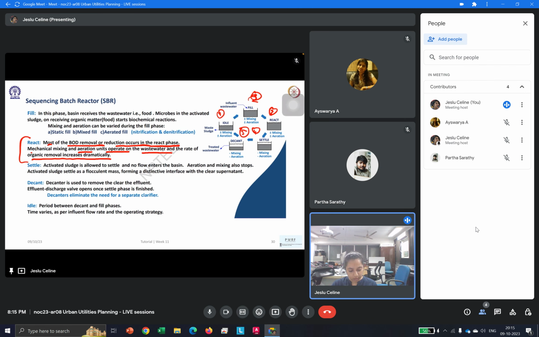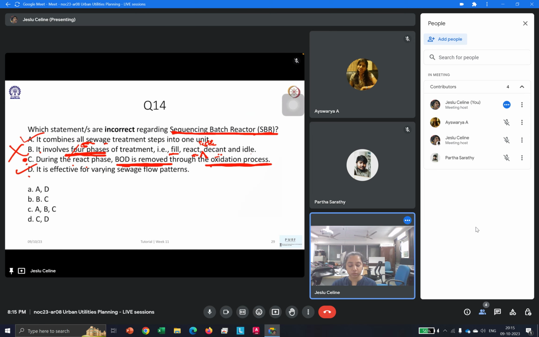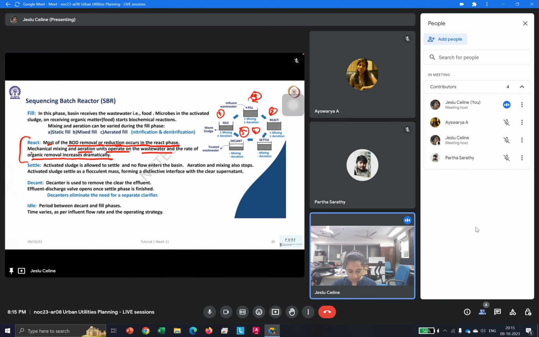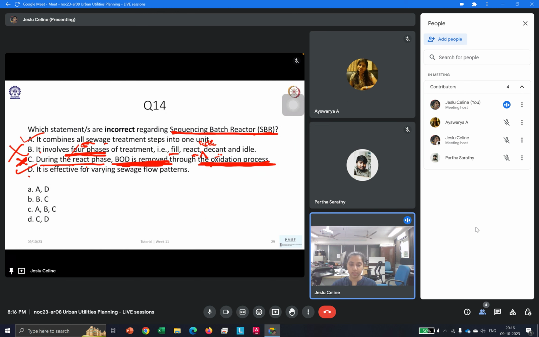So here it said that during the react phase, BOD is removed through the oxidation process. Nowhere is it mentioned that BOD is removed through the oxidation process. Because of that, this statement is wrong. BOD is removed, or there is reduction in BOD, that is true, but it's not mentioned that it goes through the oxidation process.